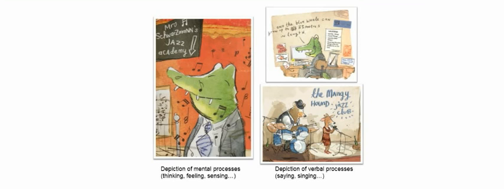Also in happenings, we can use our knowledge of grammar to describe what's happening in terms of processes. So a character could be thinking, or sensing, or listening. We can see the alligator is listening to music. And you can also have saying or singing, or doing things. So there are different kinds of happenings as well.